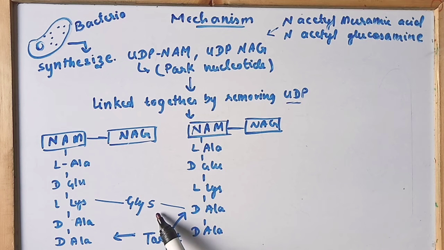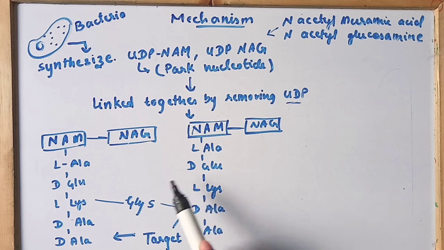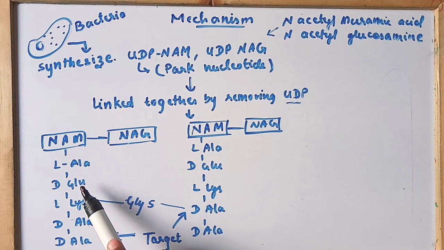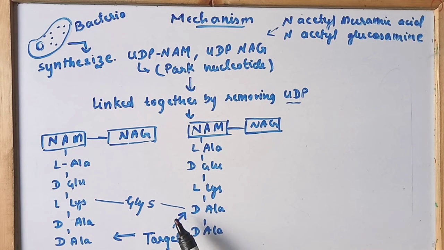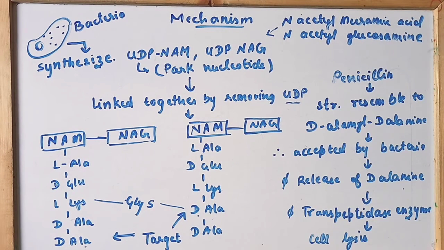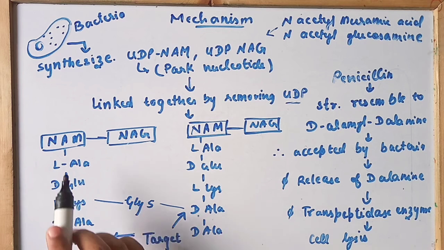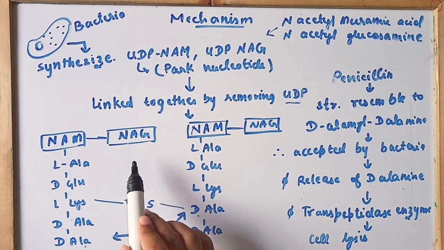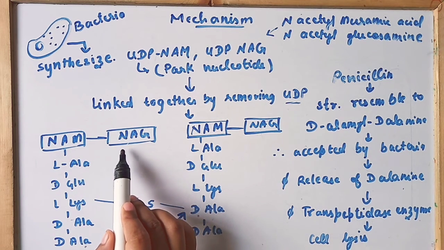So these glycine 5 residues remove these D-alanine groups and cause branching together of NAM-NAG molecules. Transpeptidase enzyme is used, and with this help, the removal of D-alanine takes place. What penicillin actually does, it directly acts on these D-alanine groups and inhibits the release of D-alanine. This branching is very important to maintain the integrity of the cell, and the branching is inhibited by penicillin.